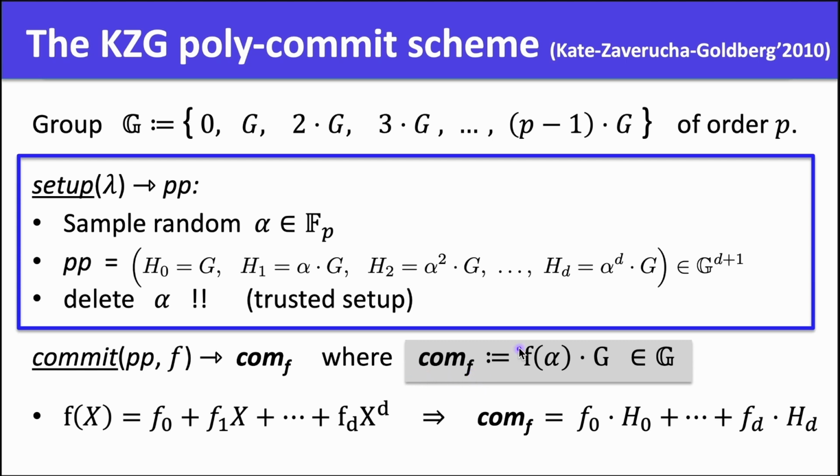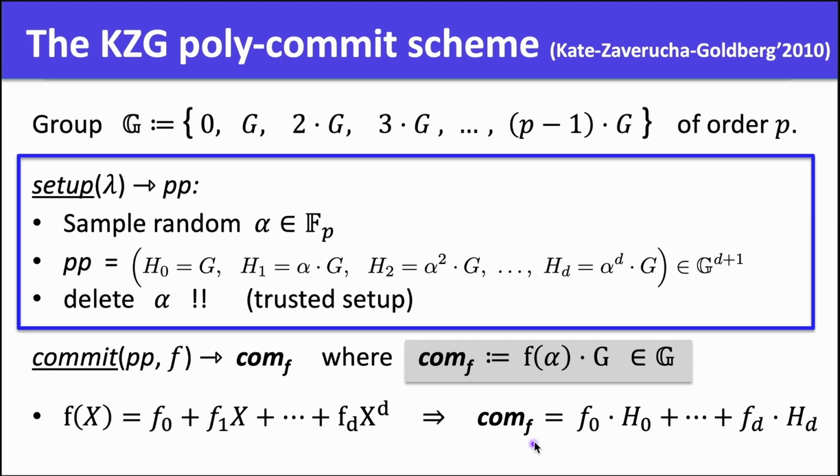Now you should be asking, well, how does the prover actually compute this? To compute f of alpha, you need to know alpha. But didn't I just say that alpha has to be deleted so that nobody knows what alpha is? So how does the prover actually compute f of alpha times g? The answer is this is basically where we use the public parameters. What the prover will do is take the polynomial f and write it as a sum of powers of x, which is what a polynomial is.